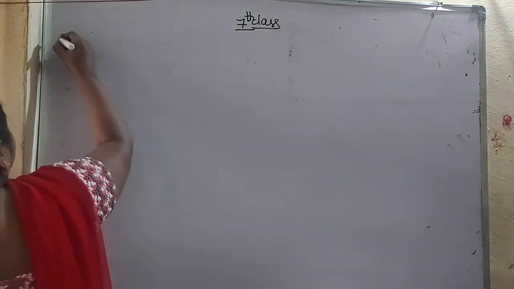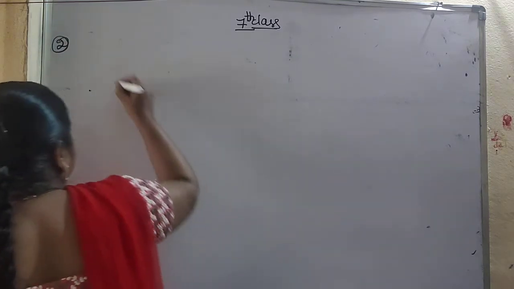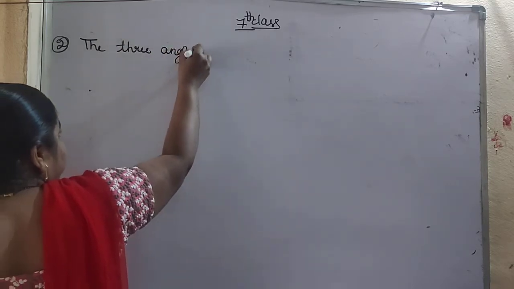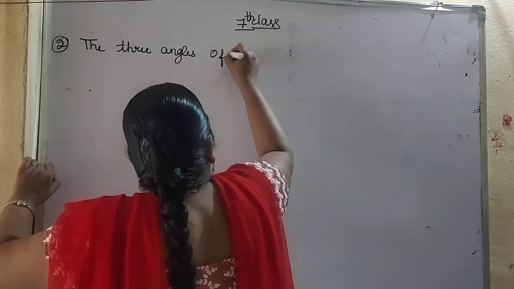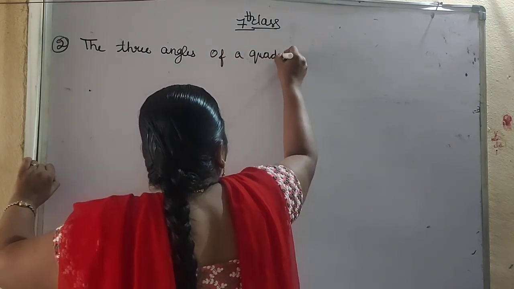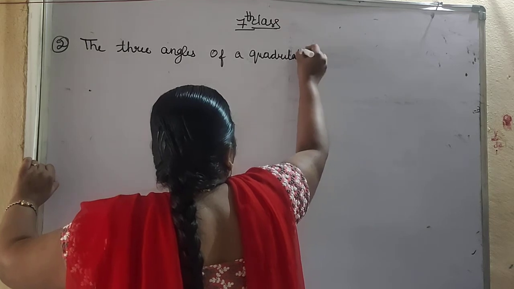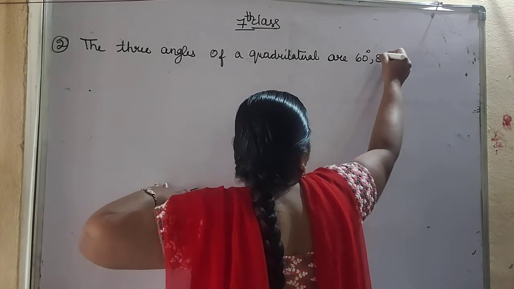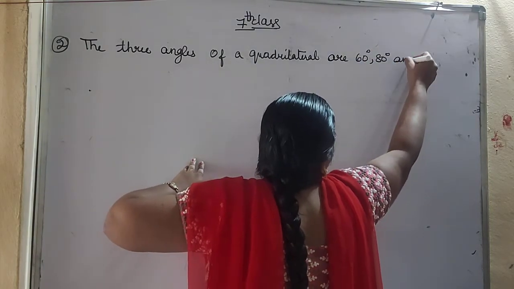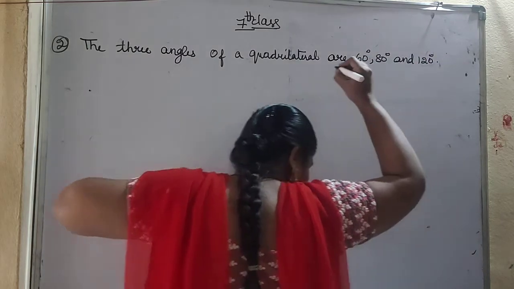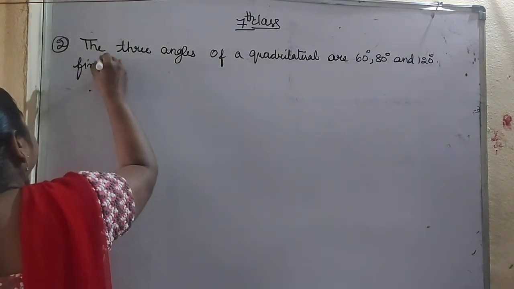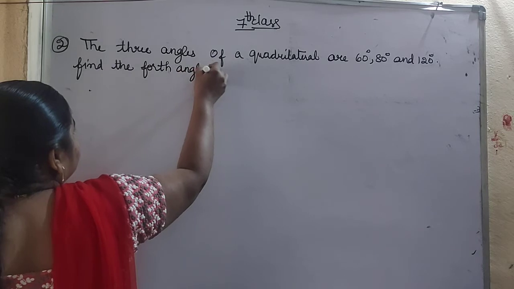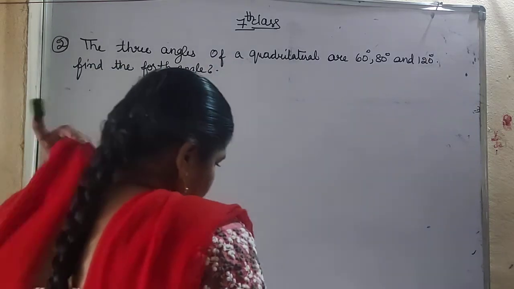Question is, the three angles of a quadrilateral are 60 degrees, 80 degrees and 120 degrees. Find the fourth angle.